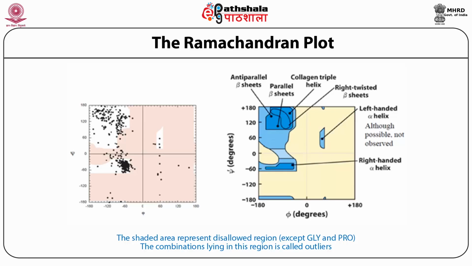Other than glycine and proline, whatever the amino acid, in whatever the structure, in whatever way you solve the structure, the phi psi combination should fall within the allowed regions. When there are combinations which fall in the disallowed shaded region, they are called outliers.